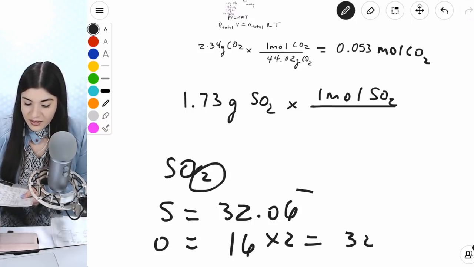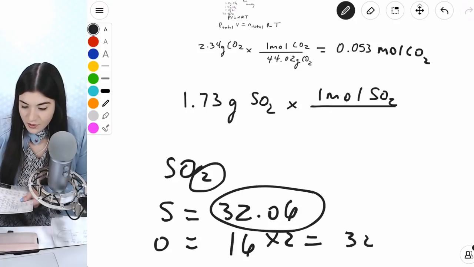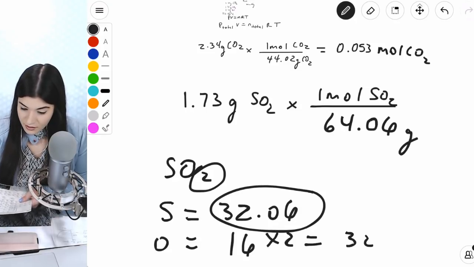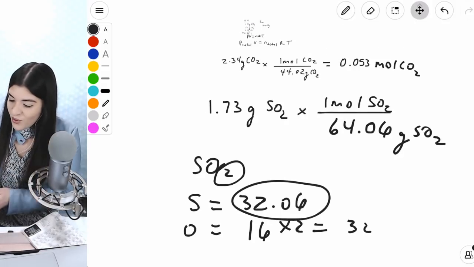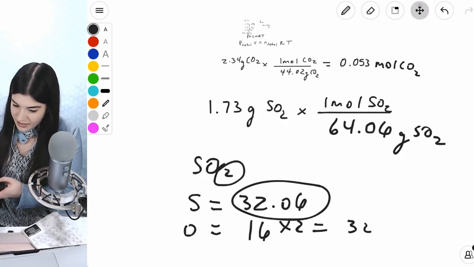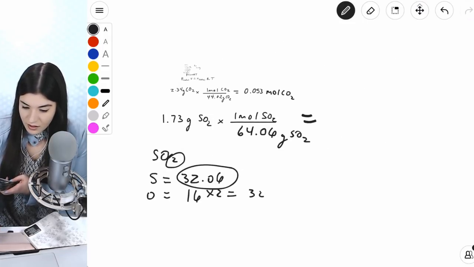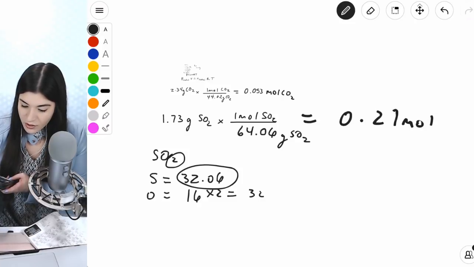So 32 plus this additional 32. So we'll have 64.06 grams of SO2. I'm going to divide those two to get our moles. 1.73 divided by 64.06. All right, and our moles here are 0.27 moles of SO2.